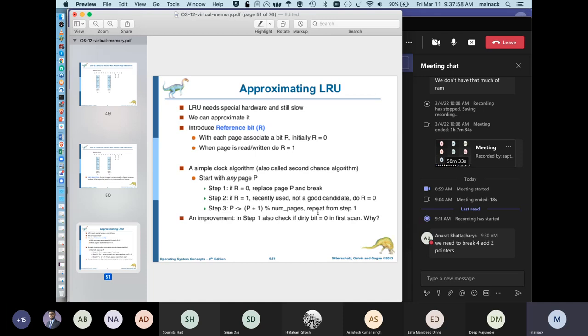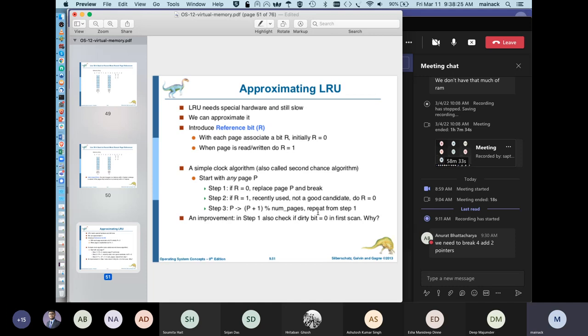Because remember that when you are evicting a page, you are taking a page from your RAM and putting it into swap because there is no place left in the RAM. In that case, if the dirty bit is equal to 1, then you have to write that page into swap space. If the page is dirty, you need to write it in the swap space. If the page is clean, you'll just discard it.